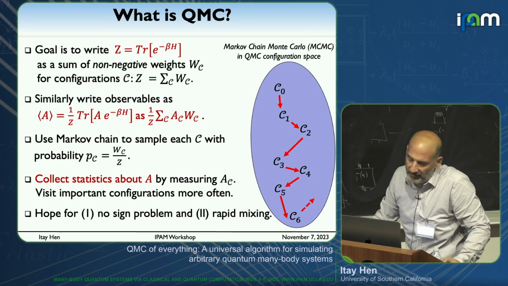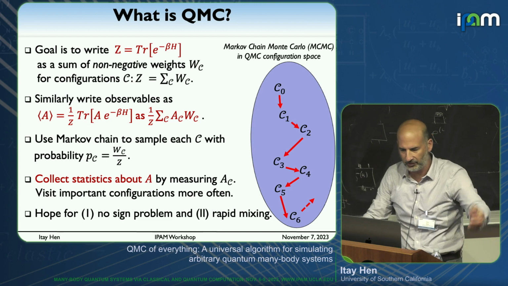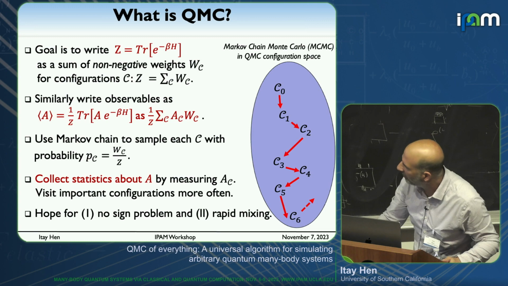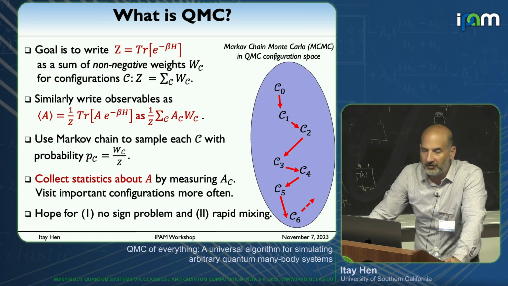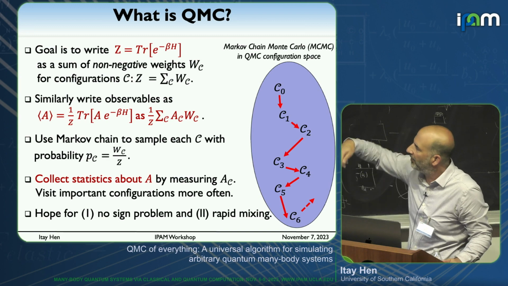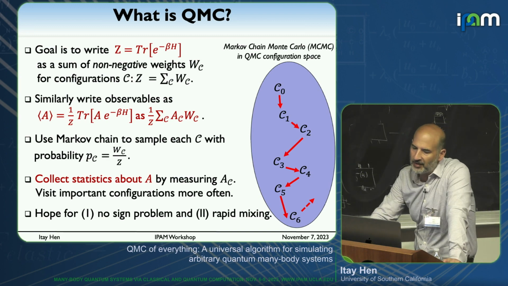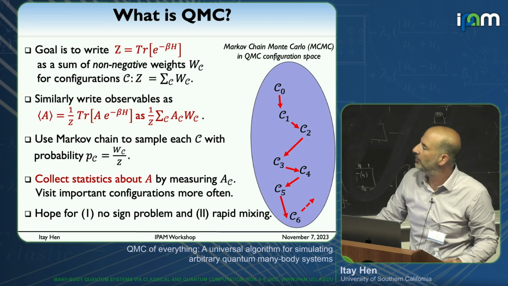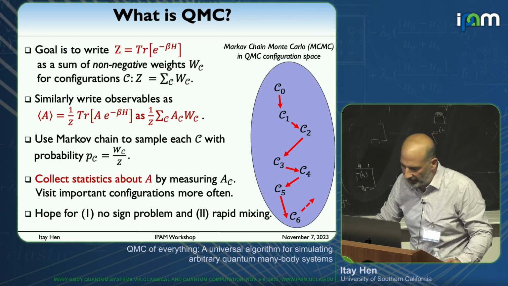So to me, and I know that there are variational QMC methods and diffusion QMC methods, and they work on certain things, the QMC to me is basically, you have a partition function. It's the trace of e to the minus beta, the inverse temperature, times the Hamiltonian. And what we want to do is take this partition function and be able to write it as a sum of non-negative weights.